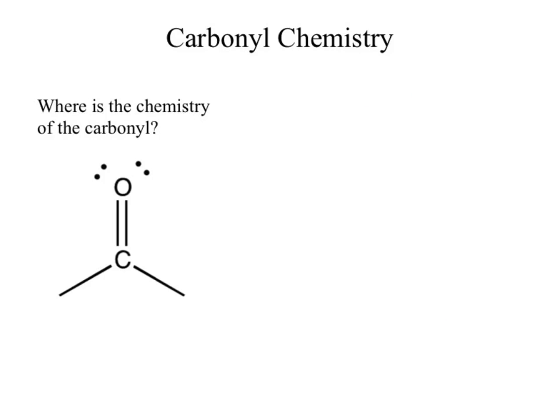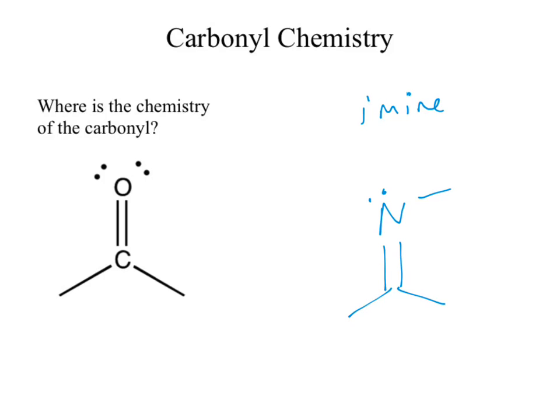What chemistry do we get for this functional group? Anybody know what the imine looks like? Two hydrogens. There's an imine. What do we see within the imine functional group? A polar pi bond, guess how it reacts?